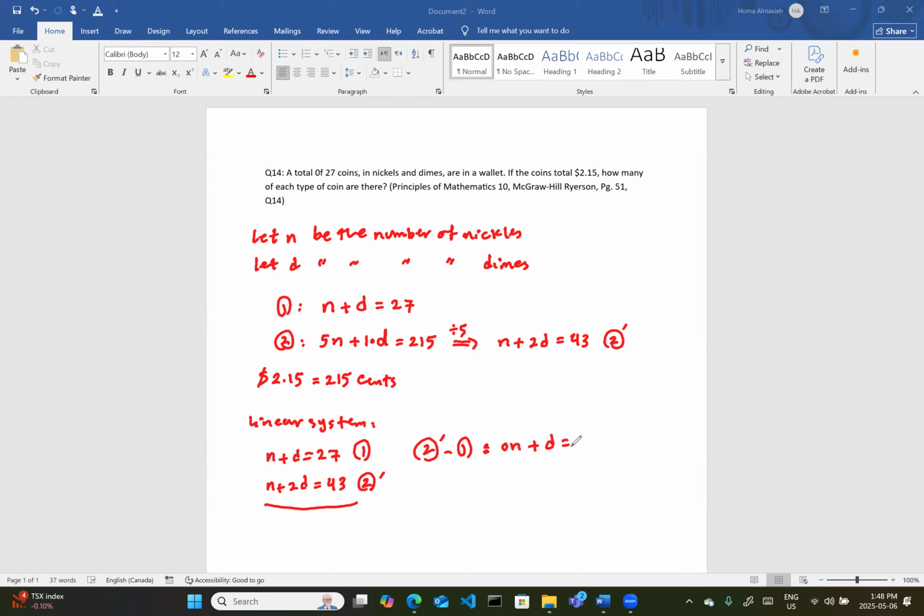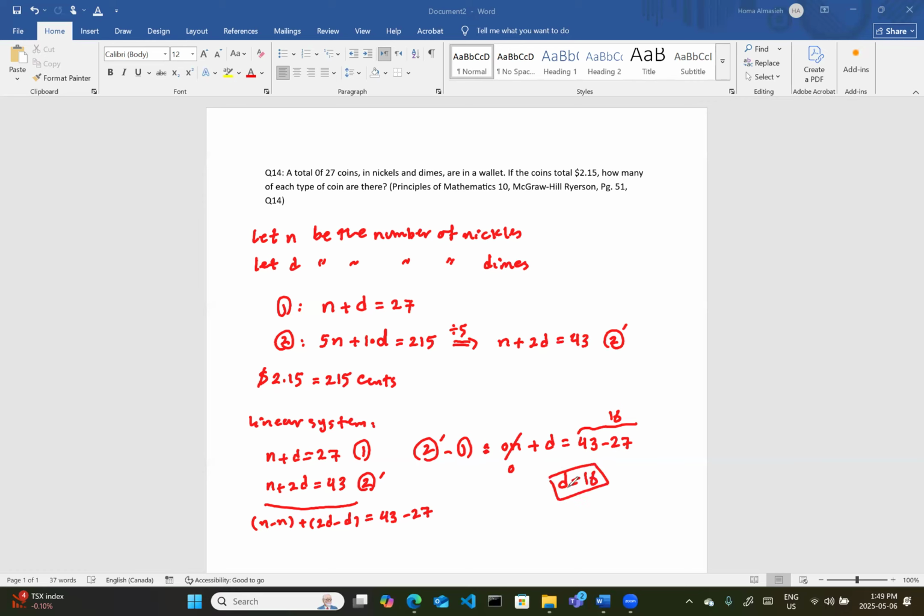And the answer will be 43 minus 27. So what we did here is n minus n plus 2d minus d equals 43 minus 27, which is 16. 0n is 0, so d will be equal to 16.